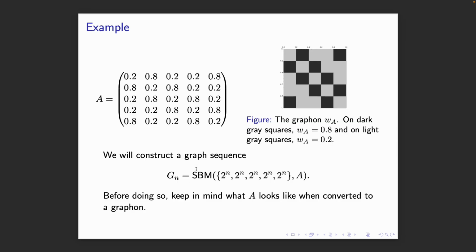So for example, I have a matrix that is valued either 0.2 or 0.8. It's actually easier to see when you look at the graphon. So on the dark squares, the graphon takes the value 0.8. On the light, it takes the value 0.2. This will be the limit object of the sequence of graphs we're going to construct.